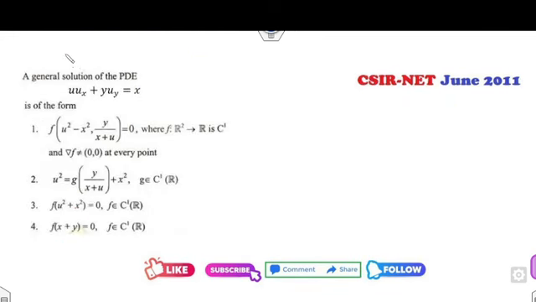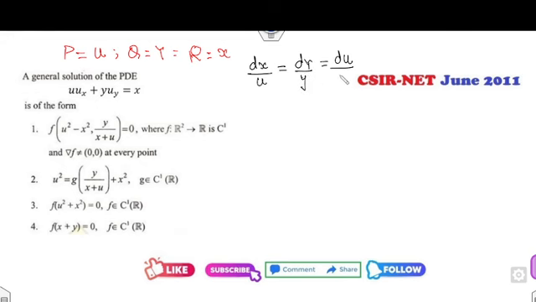Look at this another problem. P is my u, Q is my y, R is my x. Write the auxiliary equation. dx over u, dy over y, du over x. Now in this case, your target is not to find the solution, but make sure whenever there is a curve, think about how you can make a u square minus x square.